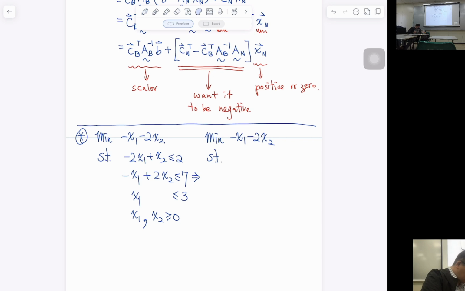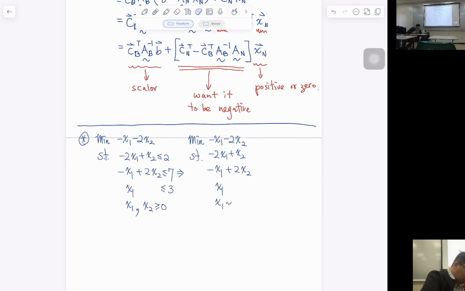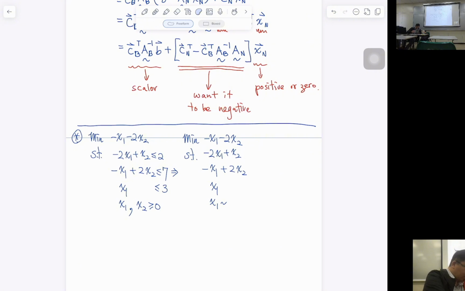So I'm gonna copy here, paste it here. And I'm going to introduce, actually I need a larger space. So I'm gonna shrink that a little bit.